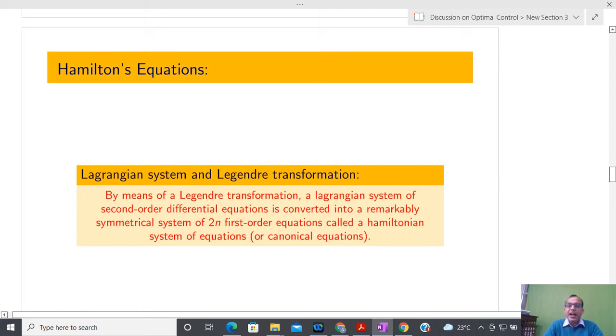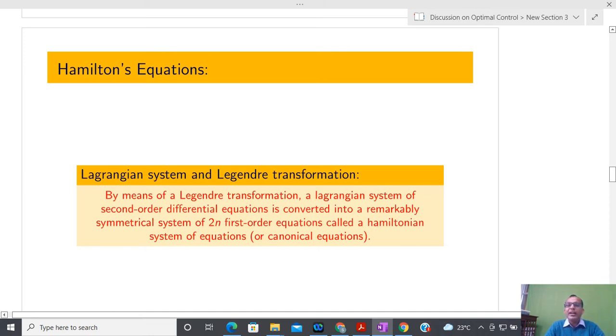A Lagrangian system means I have some kind of functional, and I know the end point might be fixed or might be changing. If I solve the extremization, at that time the Euler equation comes into the picture, and that system of equations is called the Lagrangian equation.